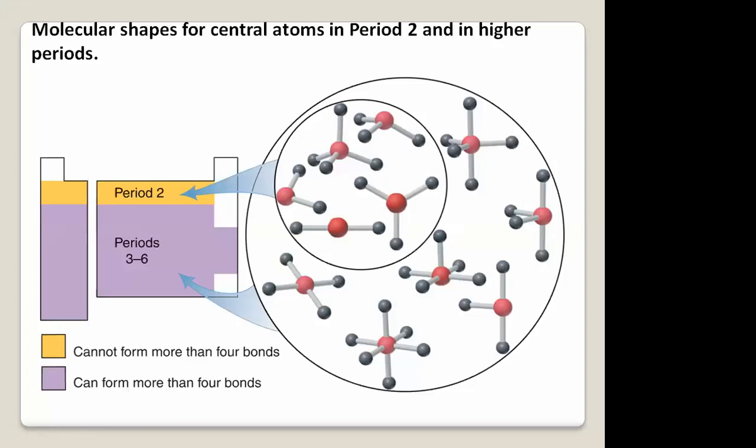Now, generally, what are the rules? Using the periodic table, atoms on period 2 can only form 4 bonds.